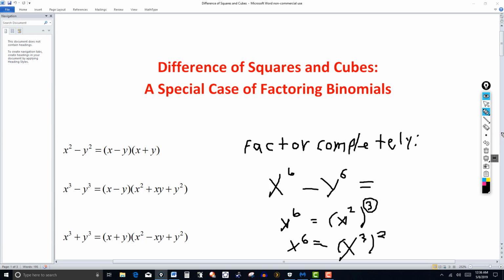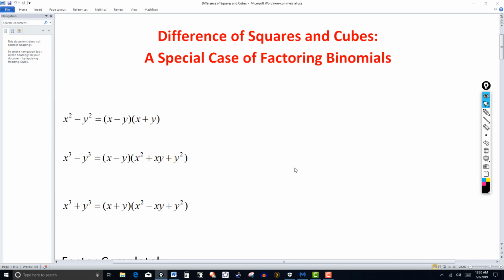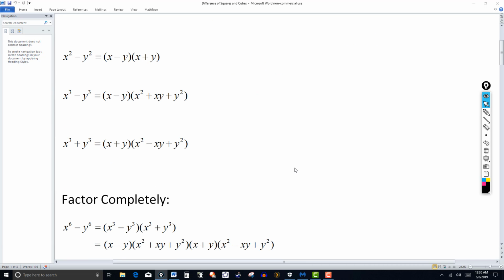So the situation occurred that one student was working this problem. Okay, so it said factor completely, and this is what one student did. He said x to the 6 minus y to the 6.